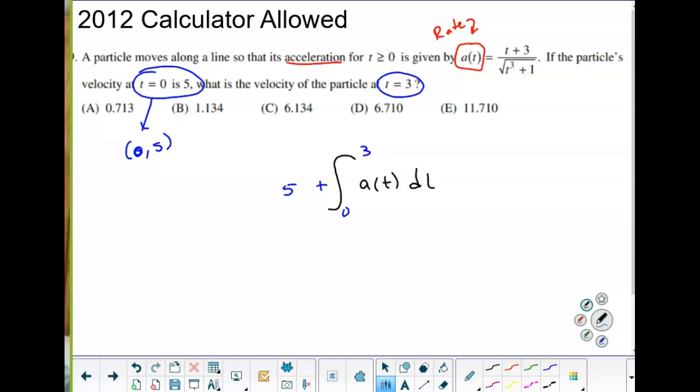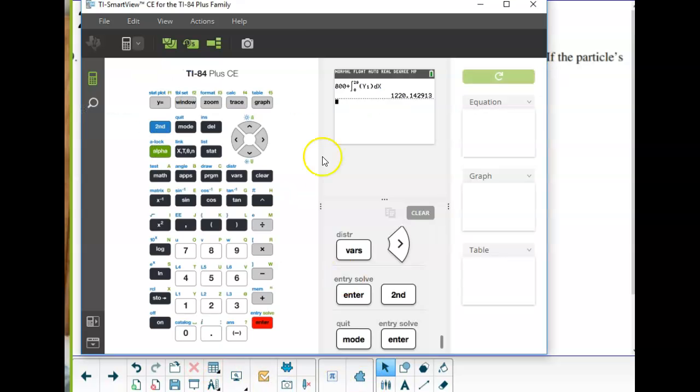So notice how the context is different, but our setup is exactly the same. It's an integral plus the starting amount. So let's do this one in our calculator. Type this into y equals. Practice the y vars.